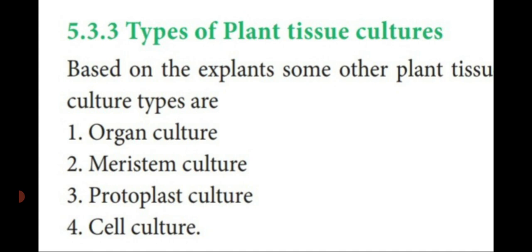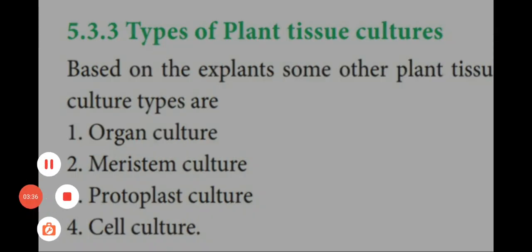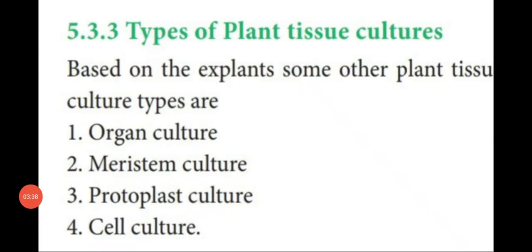Next one is the protoplast culture and cell culture. Dear students, these are all the 4 types of plant tissue culture. Now we are going to see the protoplast culture and cell culture in a detailed manner.